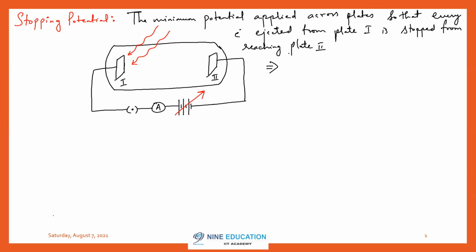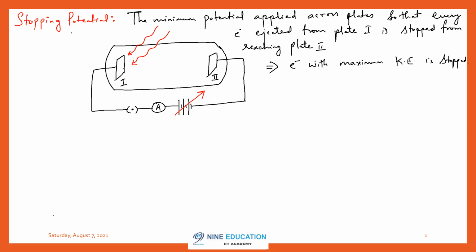So you can say that the electron with maximum kinetic energy is stopped. Got it?